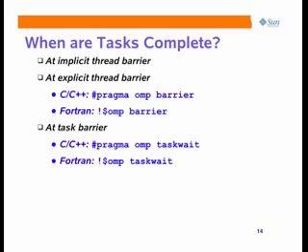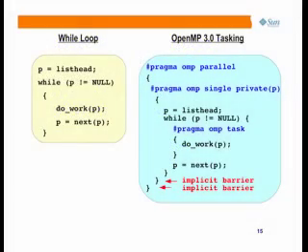So I'll go back to that example we had where we had that while loop, and now with the task directive, here's our parallel region that spawns a team of threads, and inside the parallel region you have one thread only traversing the list.